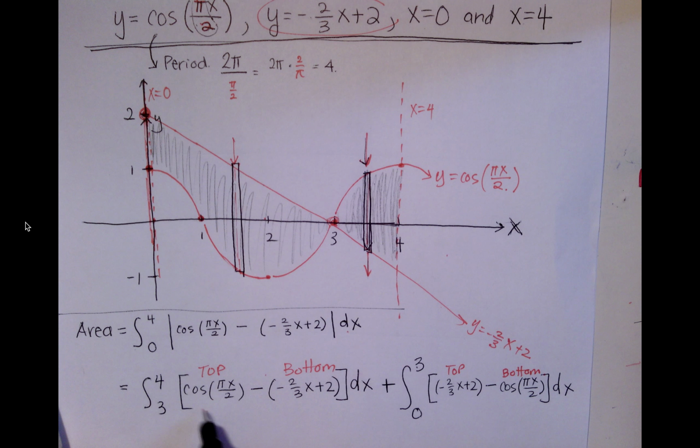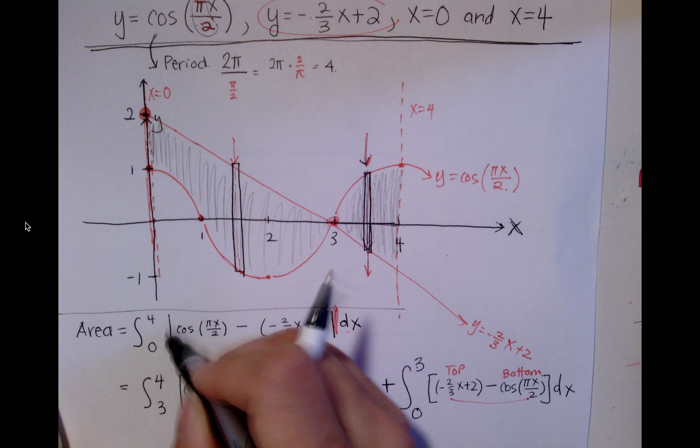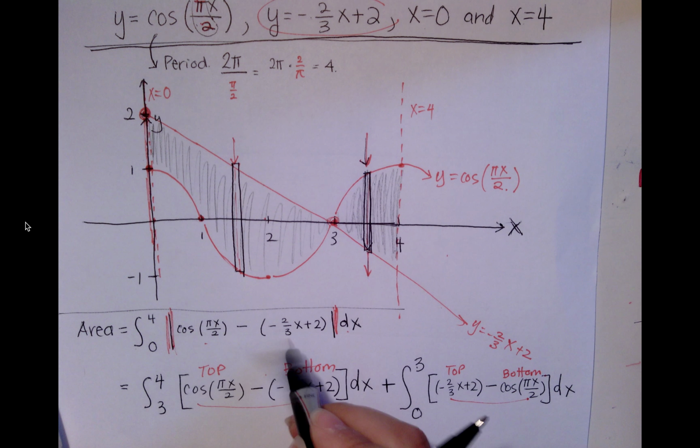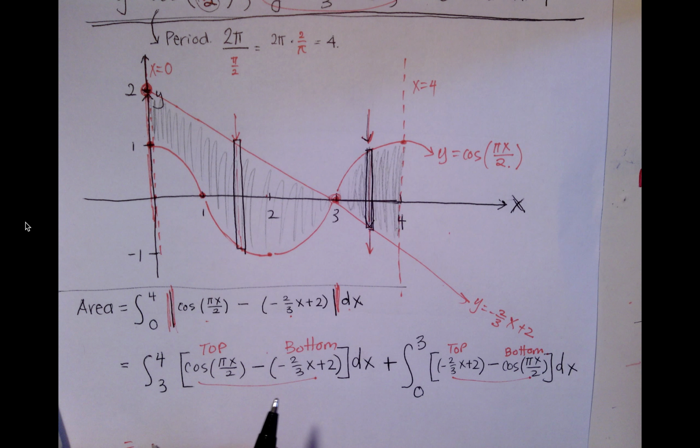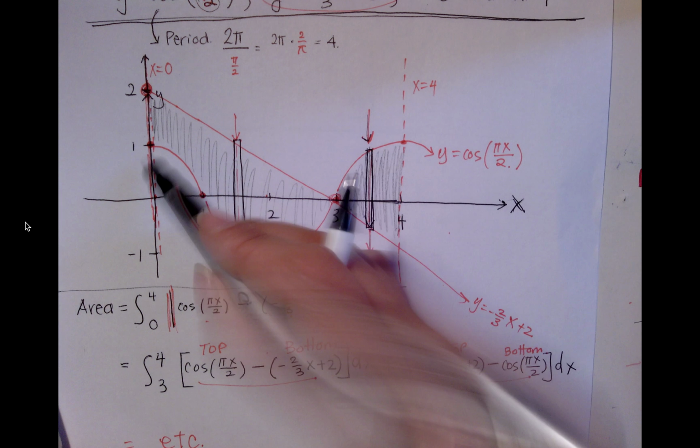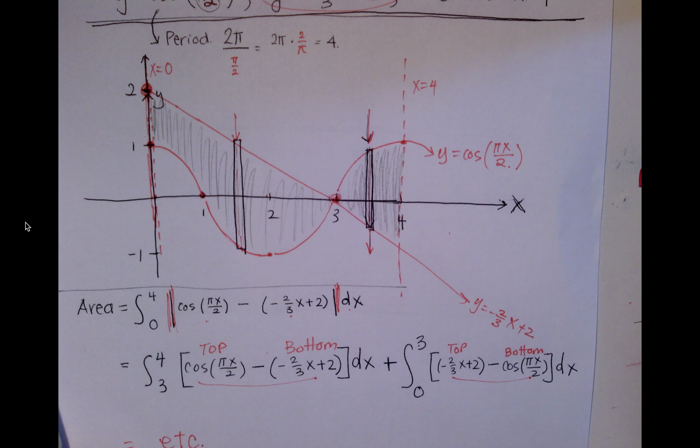So this guarantees that this is positive and this is positive, which is really what we mean by putting the absolute value around the difference. And then the rest I'm just going to let you calculate yourself. This one I mainly just wanted to set up because I know that the graph might stump people a little bit, or the point of intersection.